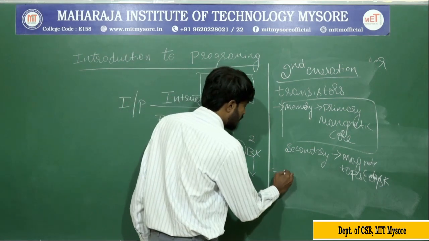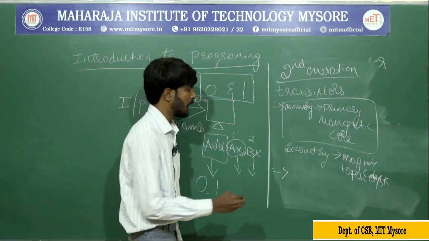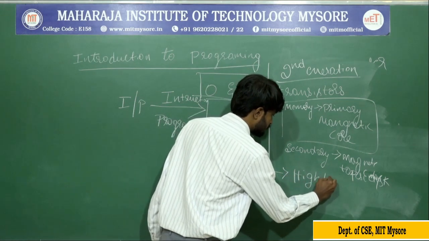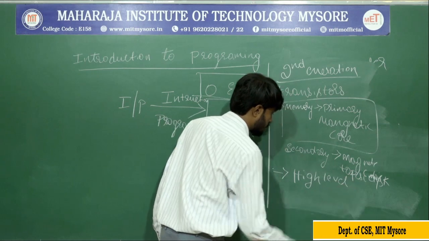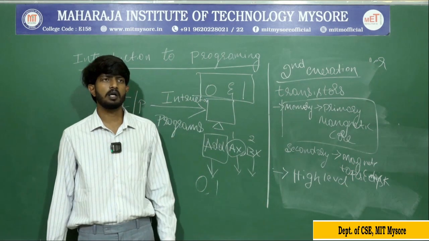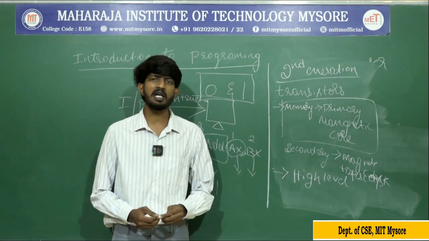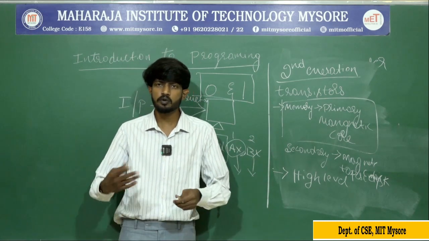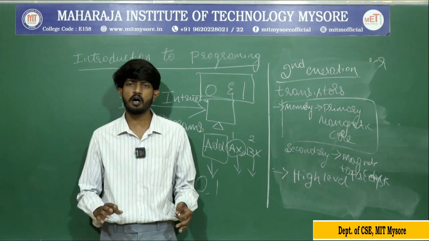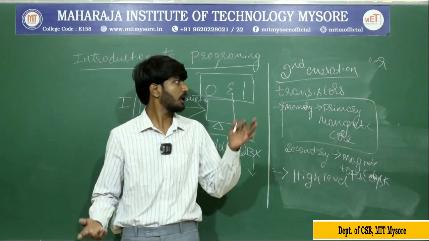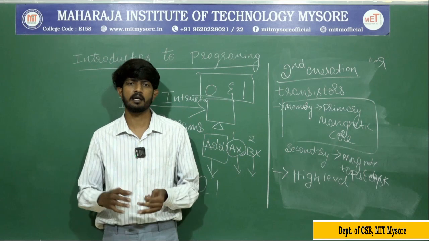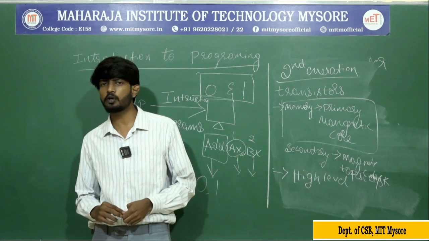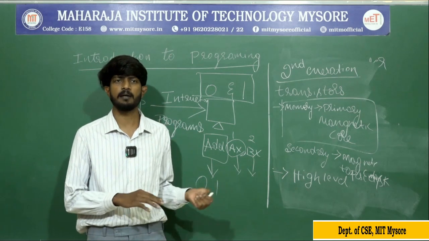Here the coding language is high level language. The drawback of this is that we need to use many transistors. Since we need to use many transistors, the cost of the computer is going to be higher. This is why the second generation computer failed.